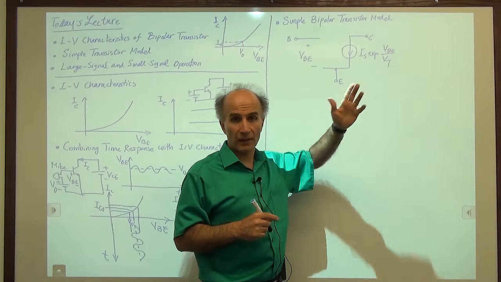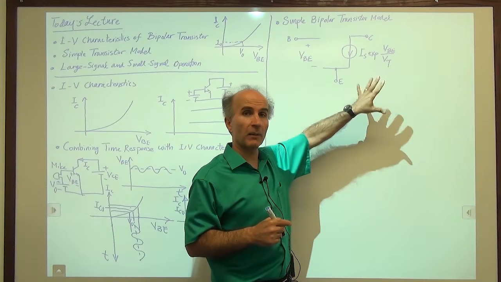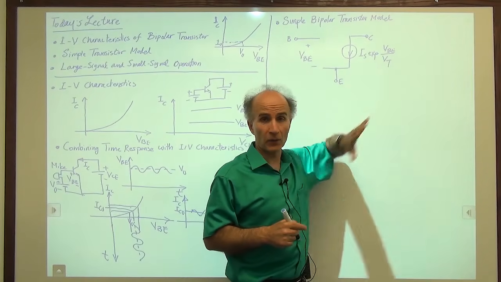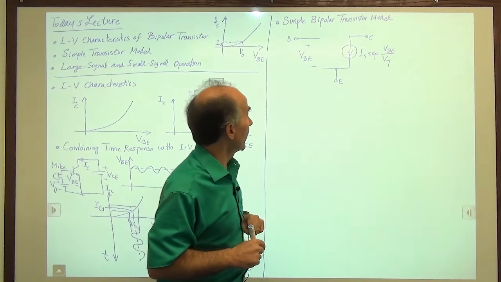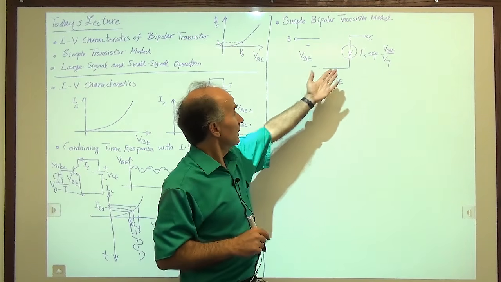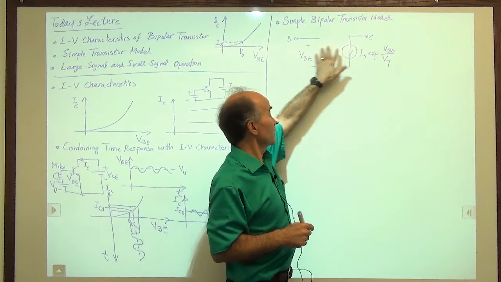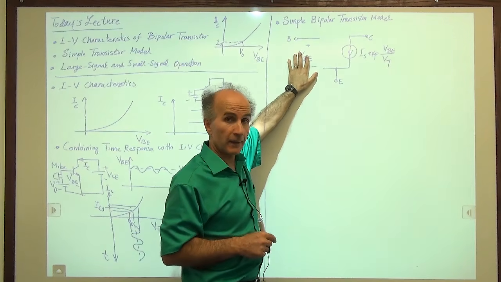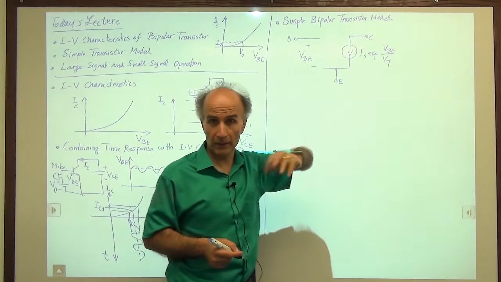That distinction is really not necessary when we draw these things because we know from the context, from the problem, whether this is dependent or not. So we don't bother with the diamonds anymore. Okay, so this is a voltage dependent current source, right? We have a voltage here. We have a current that depends on that voltage. It's a nonlinear dependent source, as you can see, but it's a dependent source anyway.